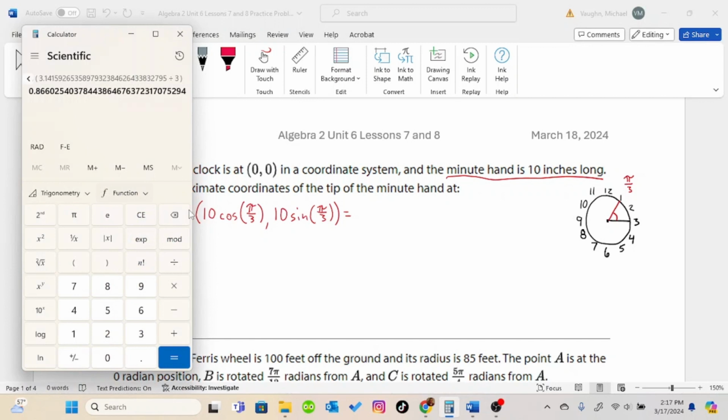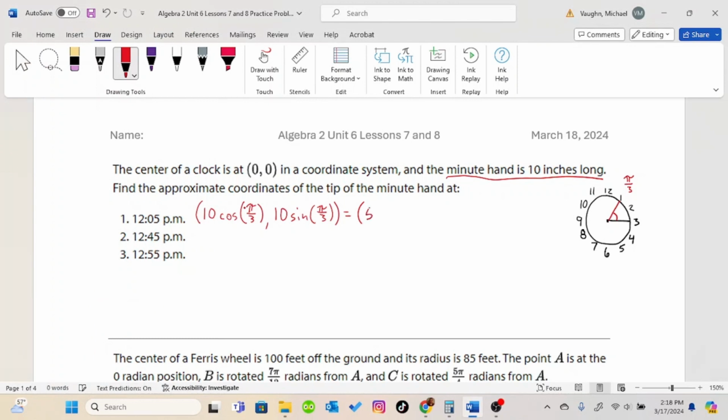So now in my calculator, I could say pi divided by 3, cosine. Now I want to take that and multiply it by 10. So my x coordinate is going to be 5.